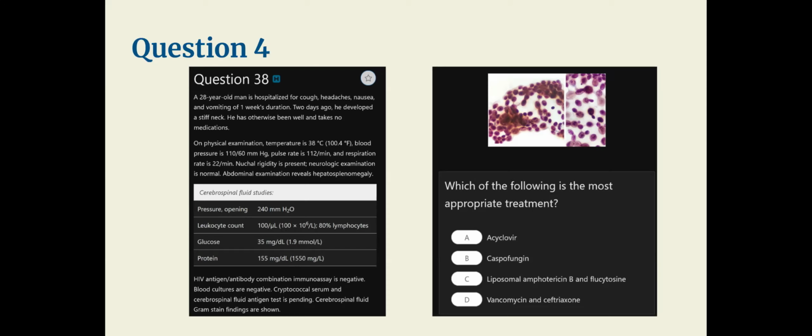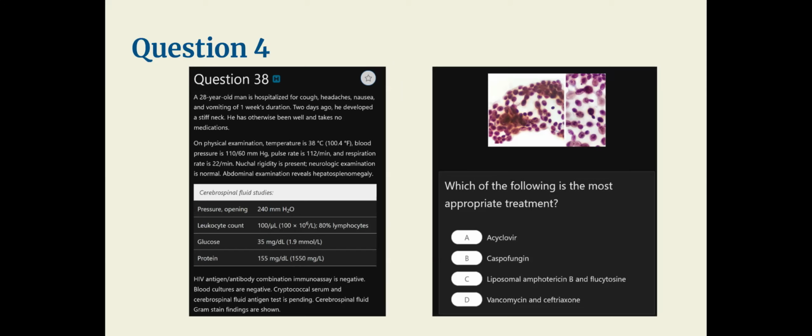Cerebrospinal fluid gram stain is what's shown on the image on the right side there. And as you can see, you see some broad-based budding yeast. So which of the following is the most appropriate treatment? Acyclovir, caspofungin, liposomal amphotericin B and flucytosine, or vancomycin and ceftriaxone.